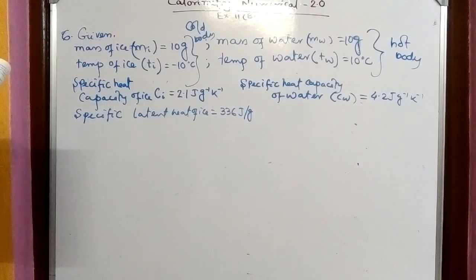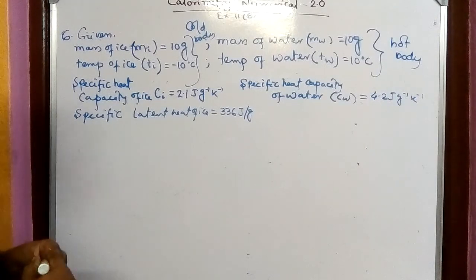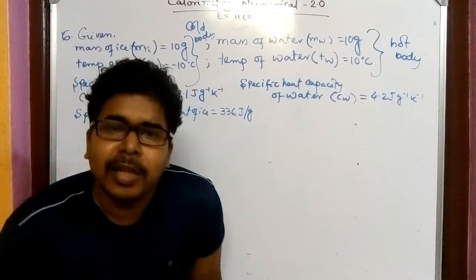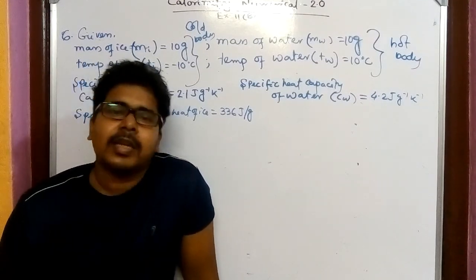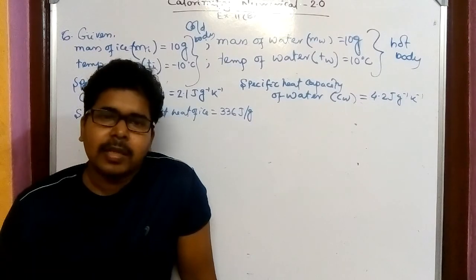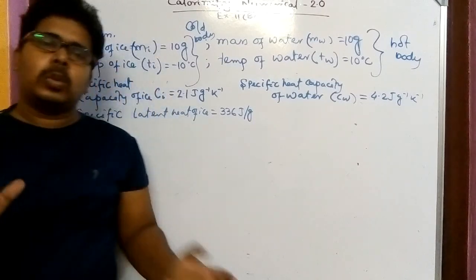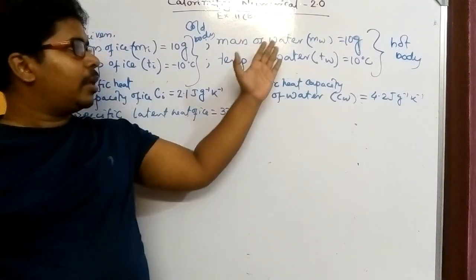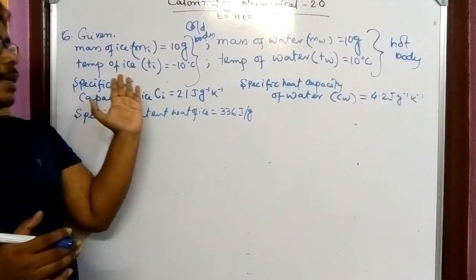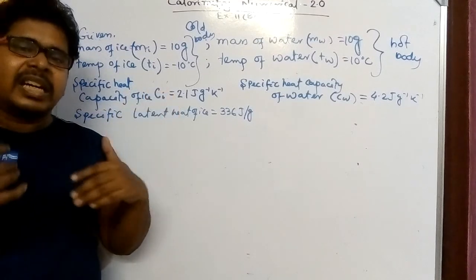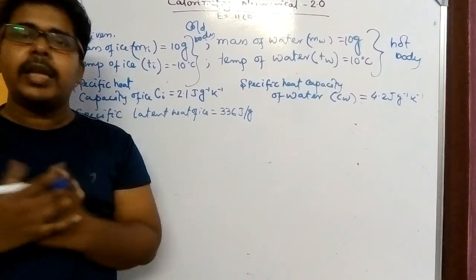Okay, so it is asked what should be the result. Now in the question there is a confusion. What does the result mean? The result is, if you mix it together, then simply the water will lose heat energy and the ice will increase its temperature, it will gain heat energy.